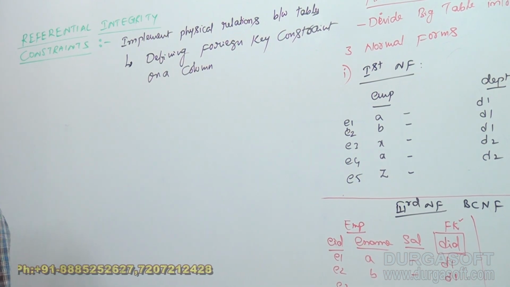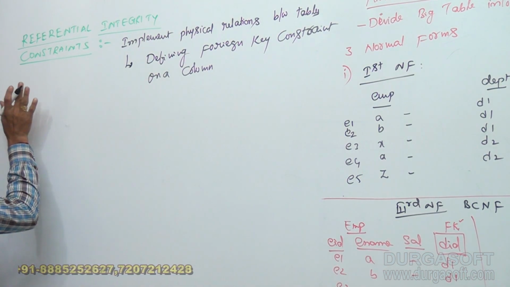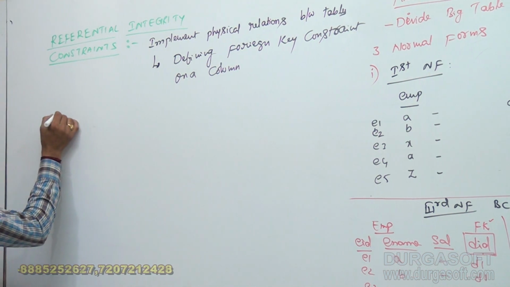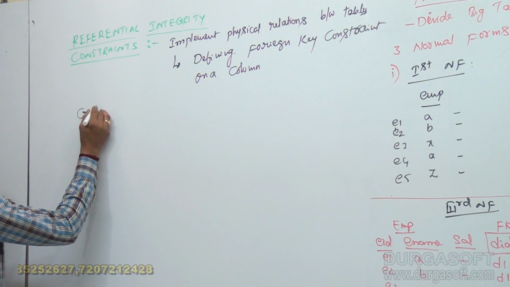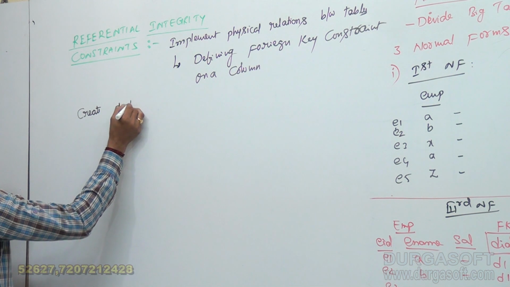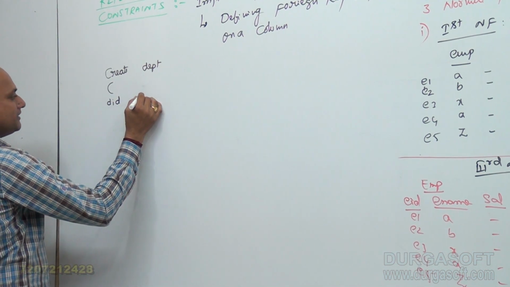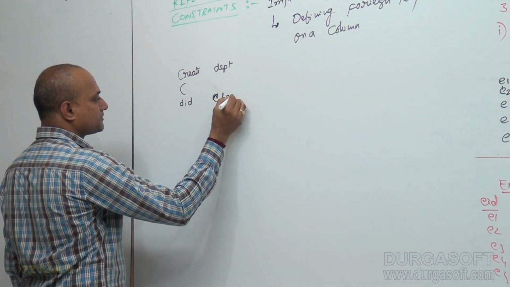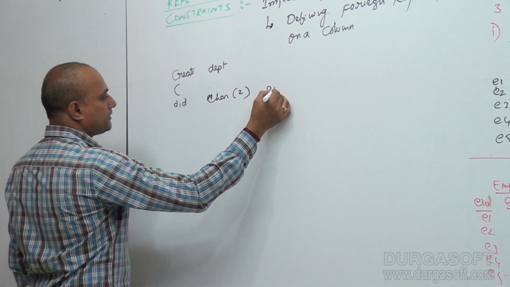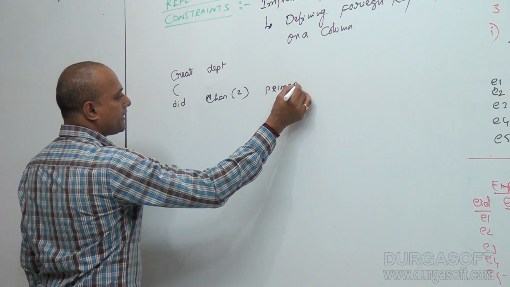Let me create department table first. So create DEPT table. What are the columns? Department ID. Let us say it is a character of 2, and you are defining primary key.